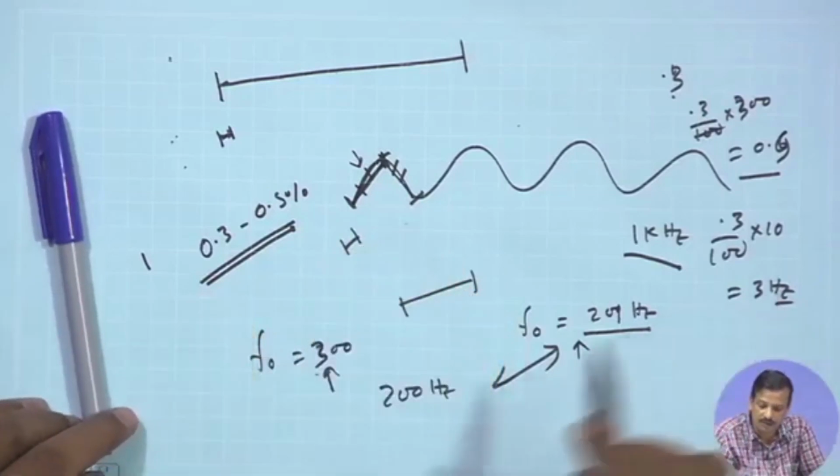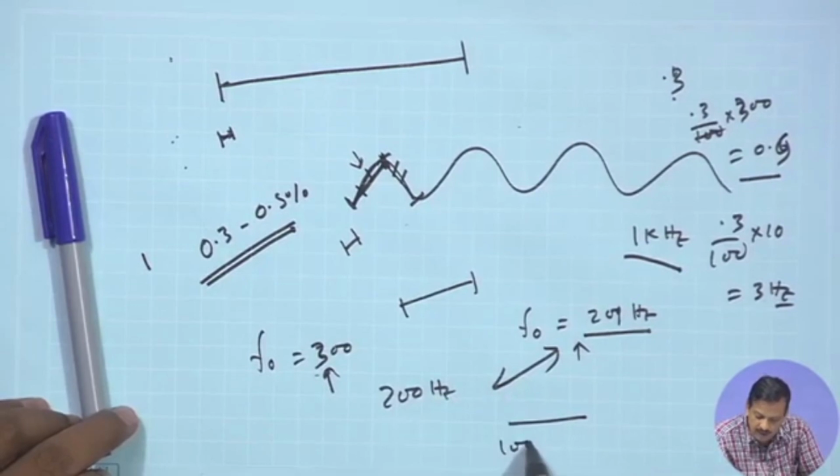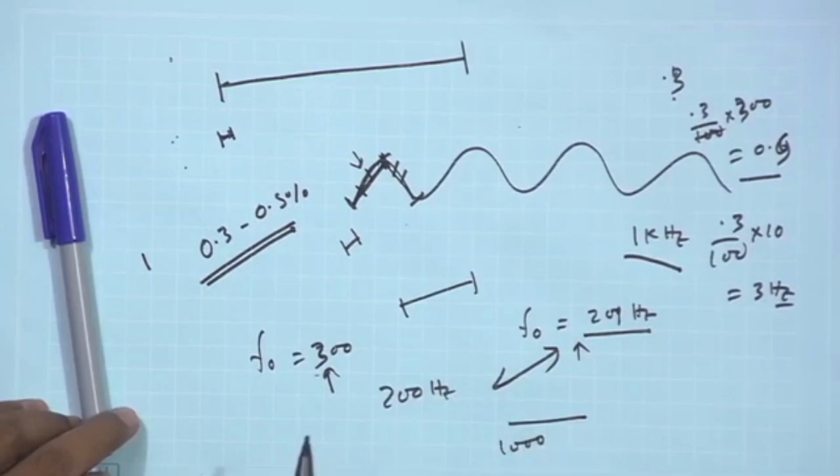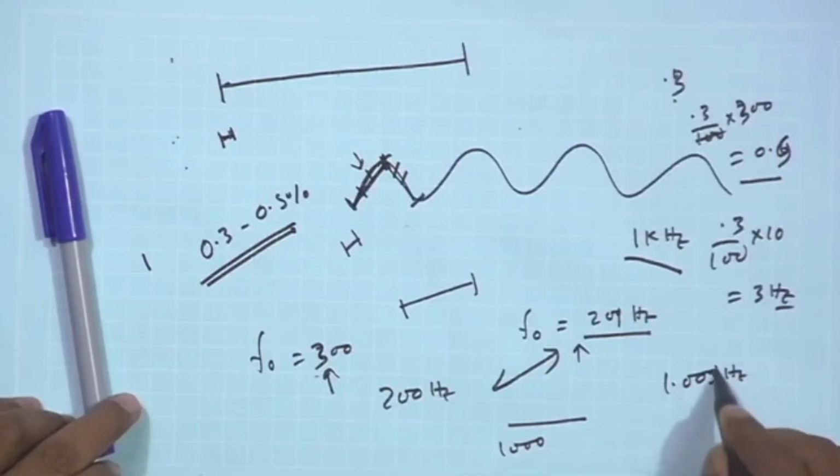Okay. So, I can say that for low frequency, my resolving power is very high, but at high frequency, resolving power is very low. That means at high frequency, I cannot separate the two, let us say 1 kilohertz and 1.003 kilohertz.